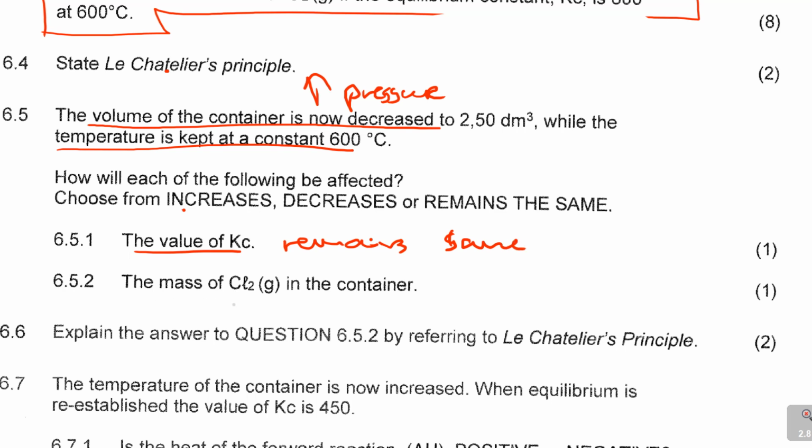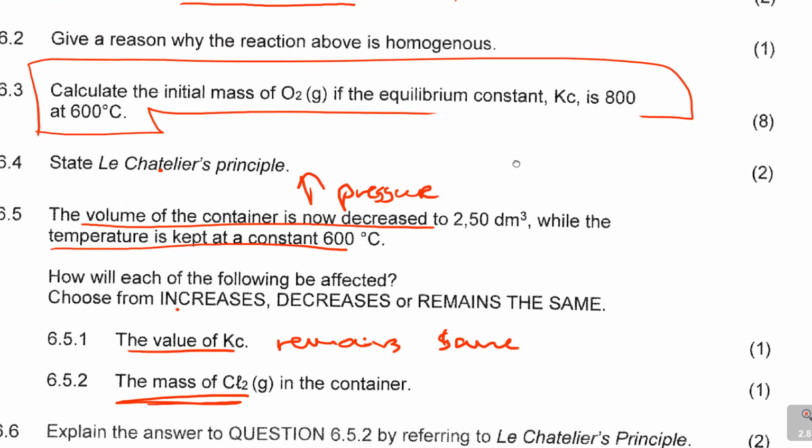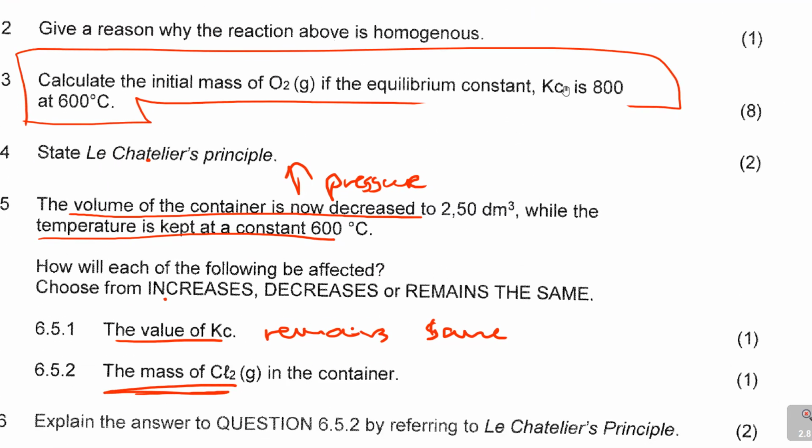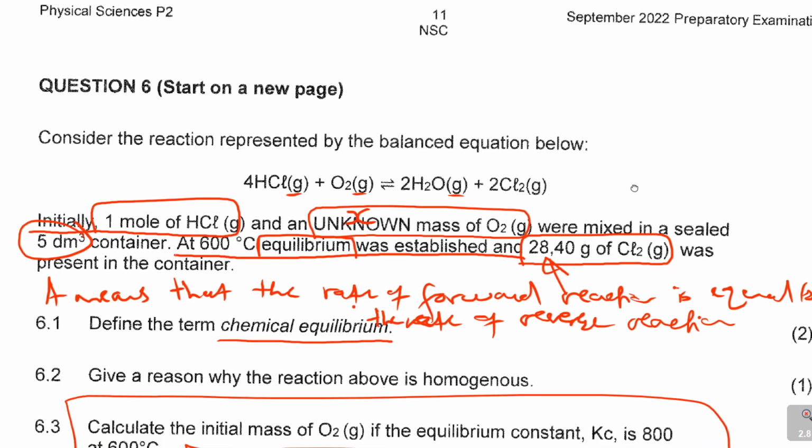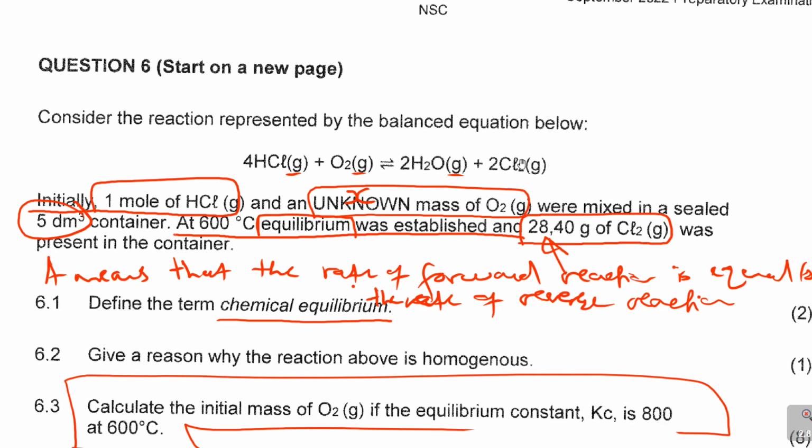The mass of the Cl2 in the container. Now, look at this. The mass of the Cl2, meaning what will happen to the Cl2? Obviously, it is the gas there which links to the mass. Now, you have to look at the moles. 4 plus 1 to give us 2 plus 2.